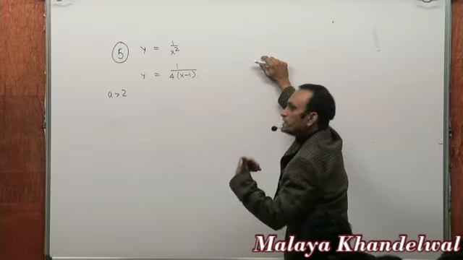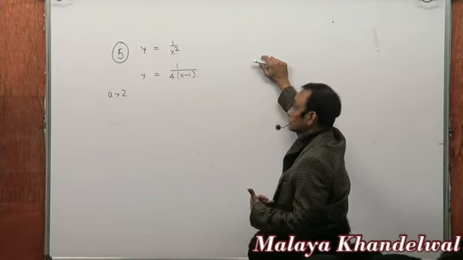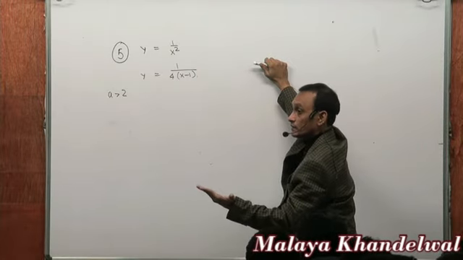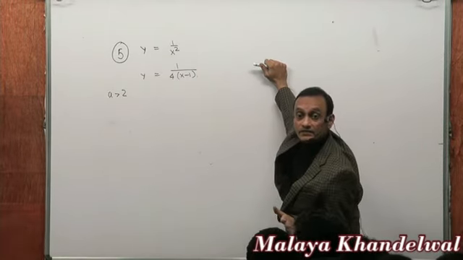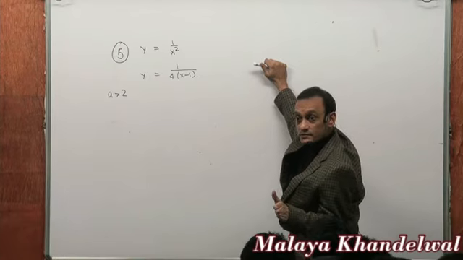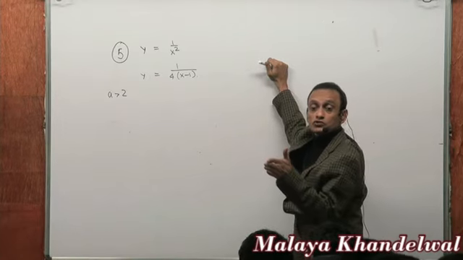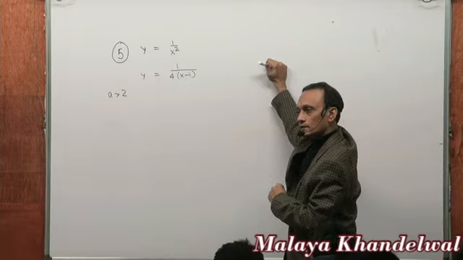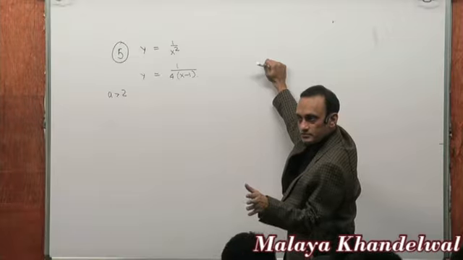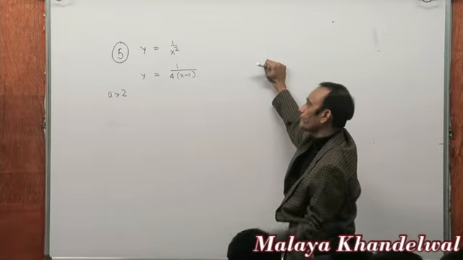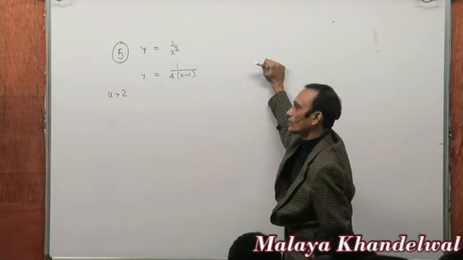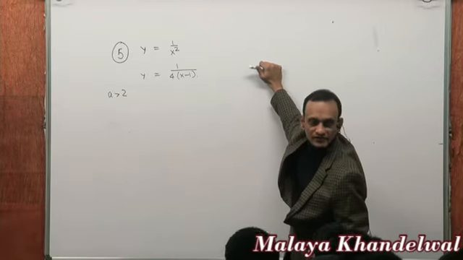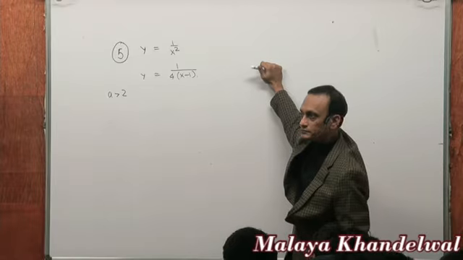The area between the two curves from x equal to 2 to x equal to A is 1 by A. That's given. Read the problem. I'm only simplifying the statement of the problem. And what is it that we want to find? A. We want to be able to find the value of A.